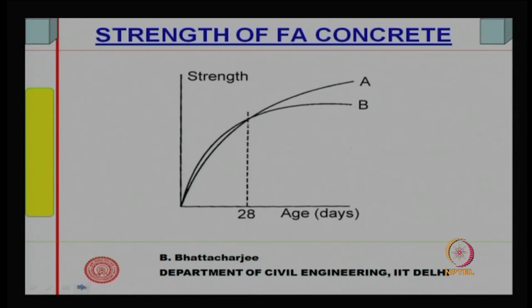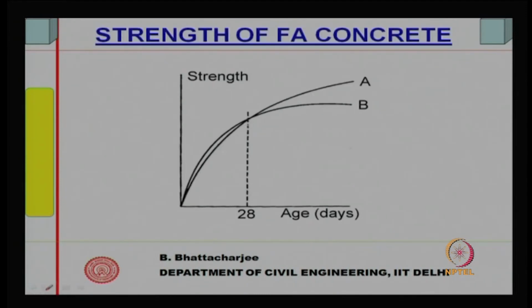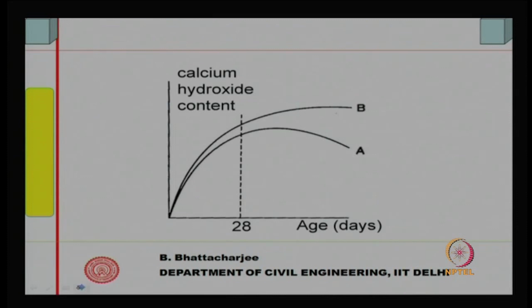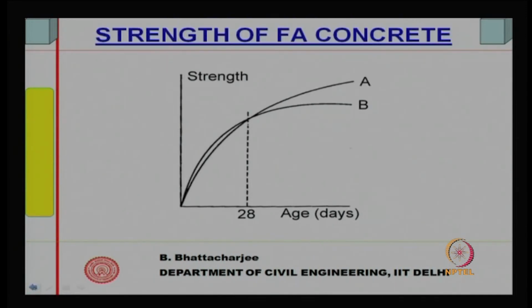Right, this is what it is. So, with 28 days, A is the fly ash concrete, B is the normal concrete. In fact, if you see the calcium hydroxide content, in case of B, the calcium hydroxide content is higher. B is the ordinary concrete, A is the fly ash concrete. So, this is fly ash concrete, and this is no fly ash.